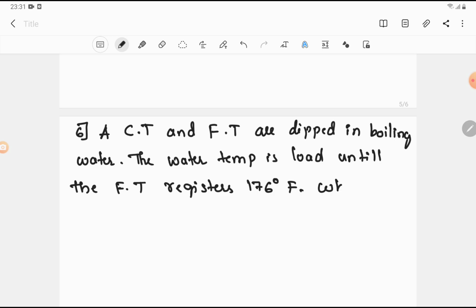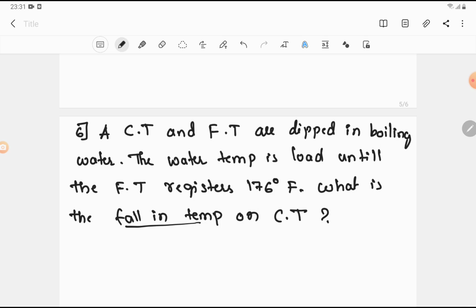What is the fall in temperature on the Celsius thermometer?